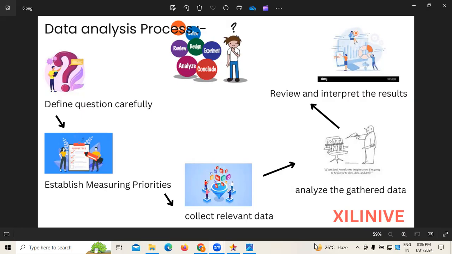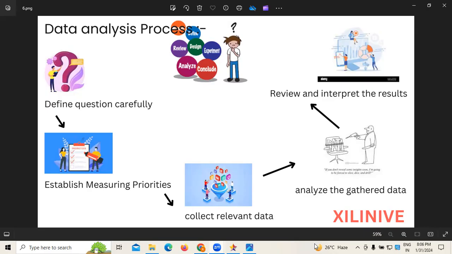Next, we need to establish the measuring priorities, followed by collecting relevant data. Next, analyze and gather the data, followed by review and interpret the results, right? So these are the different processes or stages whenever we are working on the data analysis.